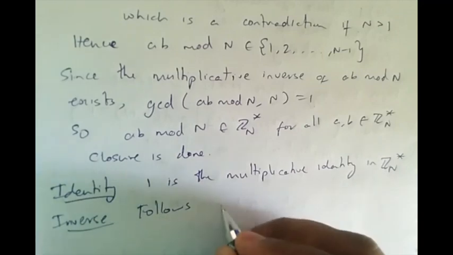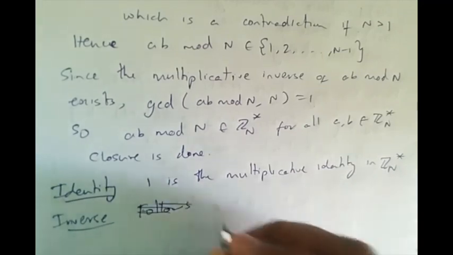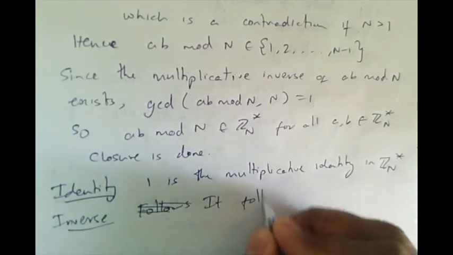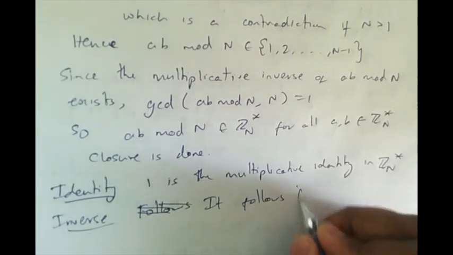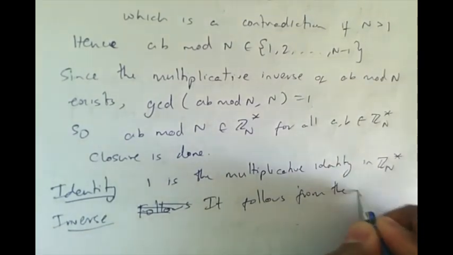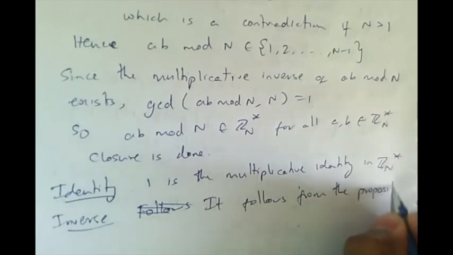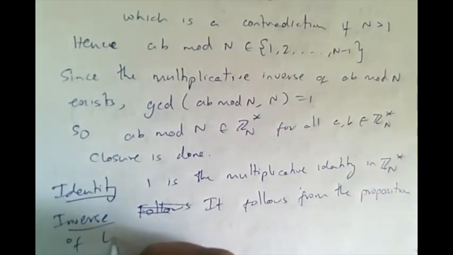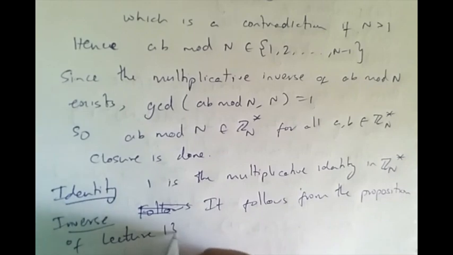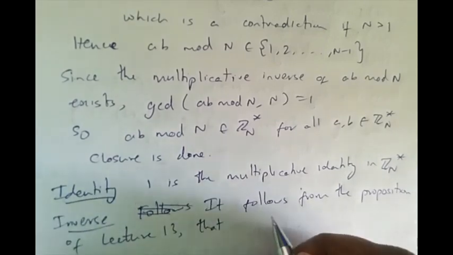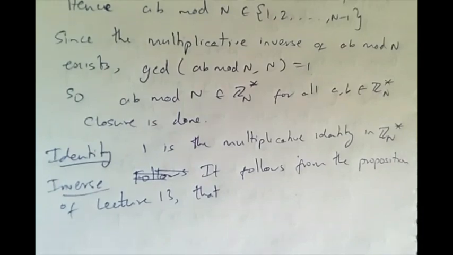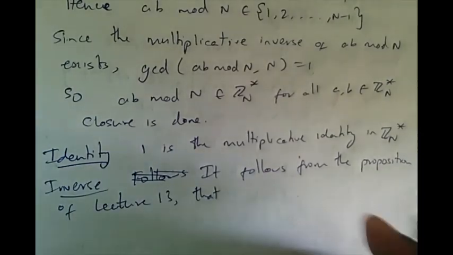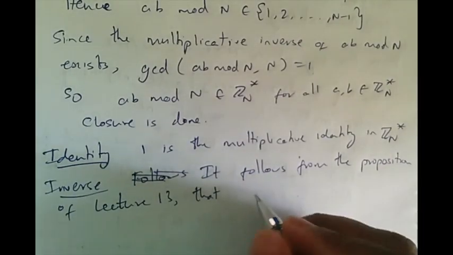So what follows from the proposition? It follows from the lecture 13 proposition that there exists some integer, but the inverse property of groups requires that integer to be in Zn star. So we'll just move it into the group.